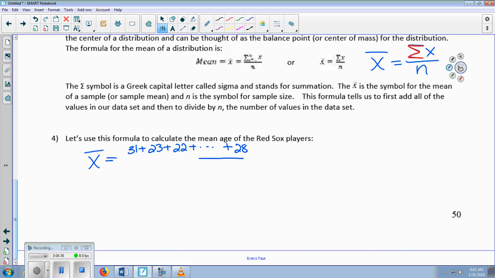We're going to divide all of this by 9, the number of observations. That comes out to be 243 divided by 9, which is equal to 27. So my ballpark looking happened to be right on in this case, and that's not always true. So 27 years is the average, or the mean, age of baseball players for this data set.